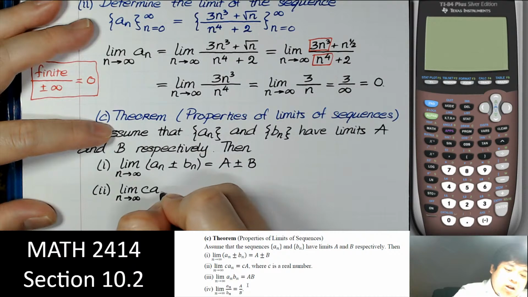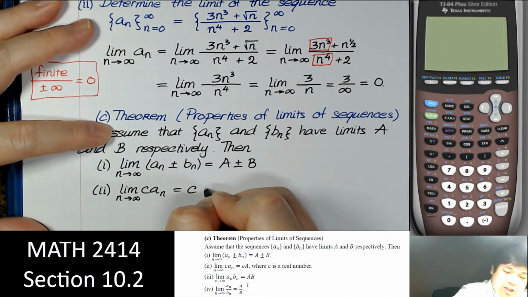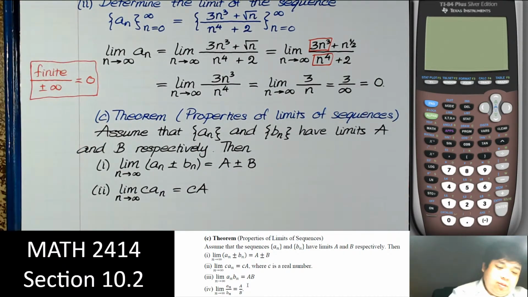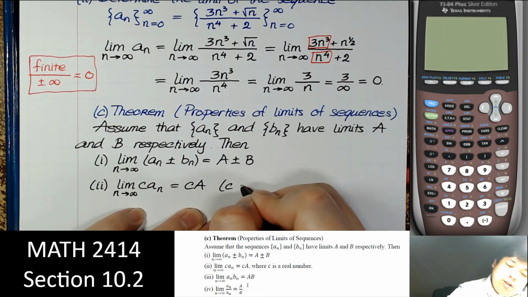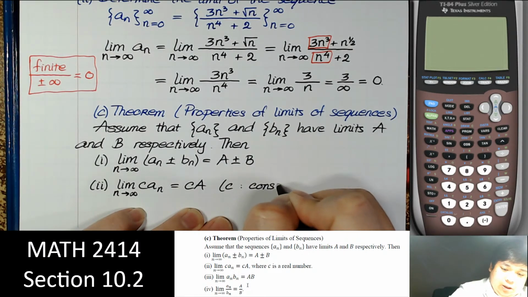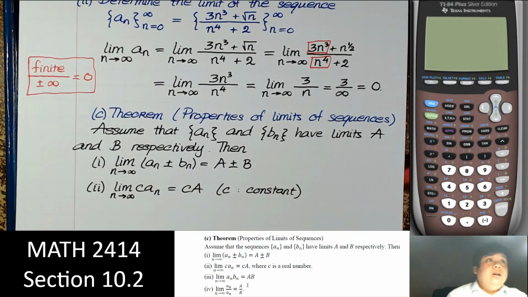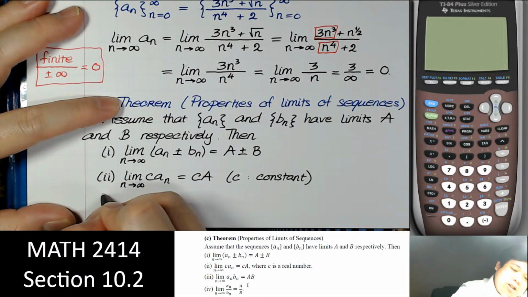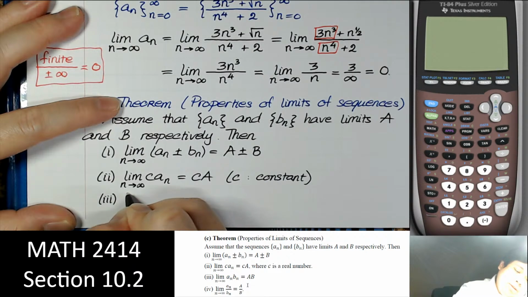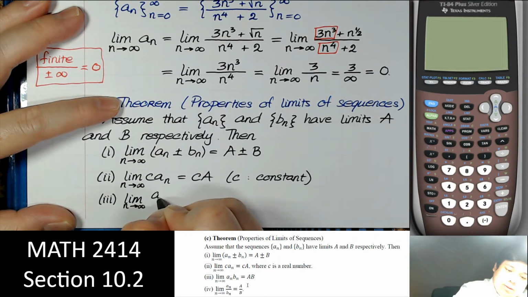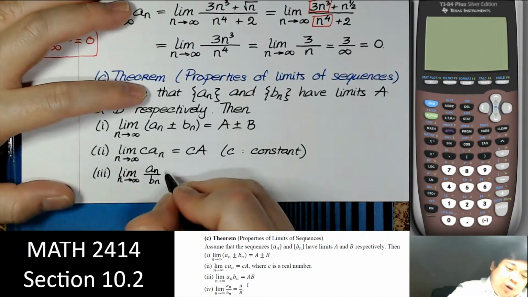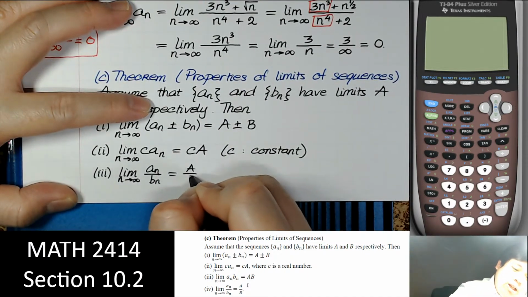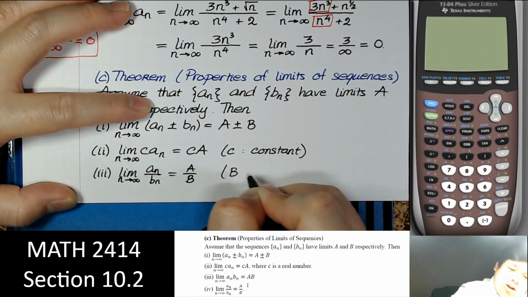For constant multipliers, we can take it outside, and then for a product, and when I write a quotient it is still a over b as long as b is not equal to 0.